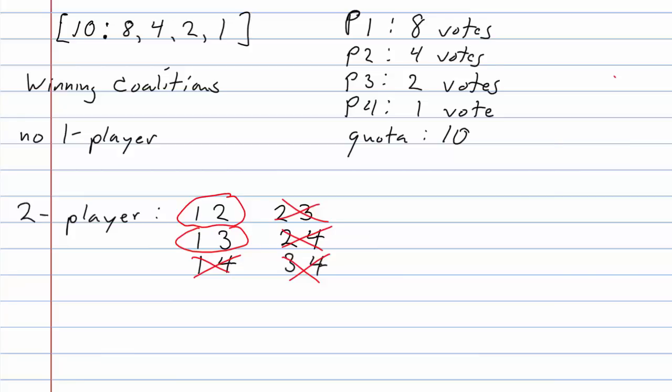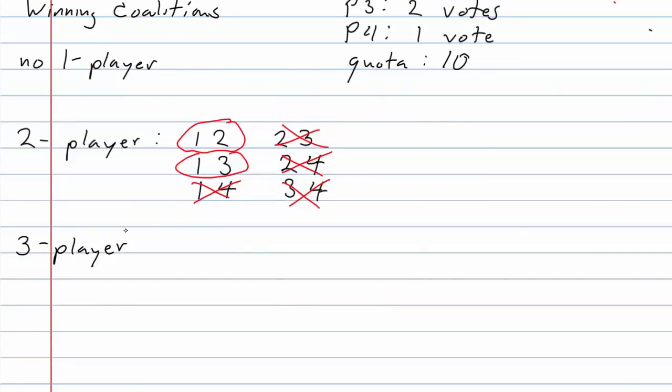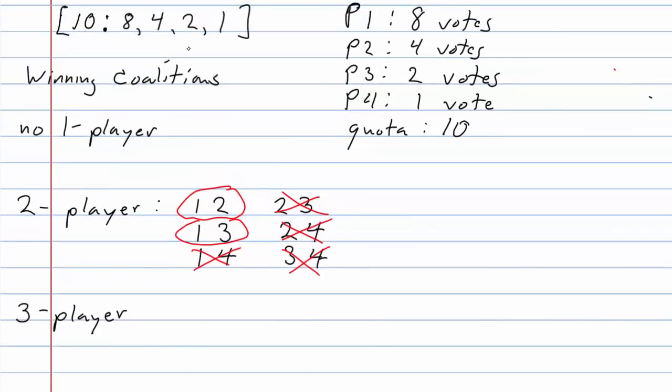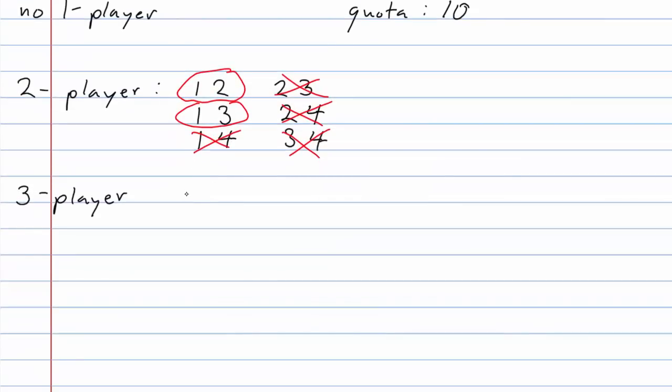What about three-player coalitions? Again, let's list all the coalitions and then see which ones are actually winning. We have 4 players, so we can just go through. One possibility is 1, 2, 3, or we could do 1, 2, 4. We could do 1, 3, 4.